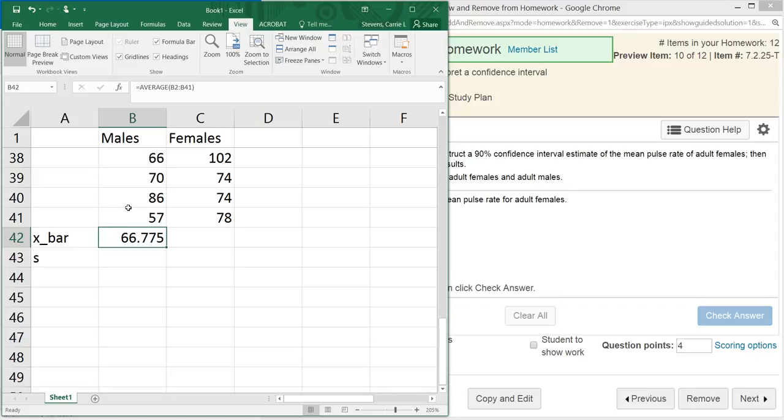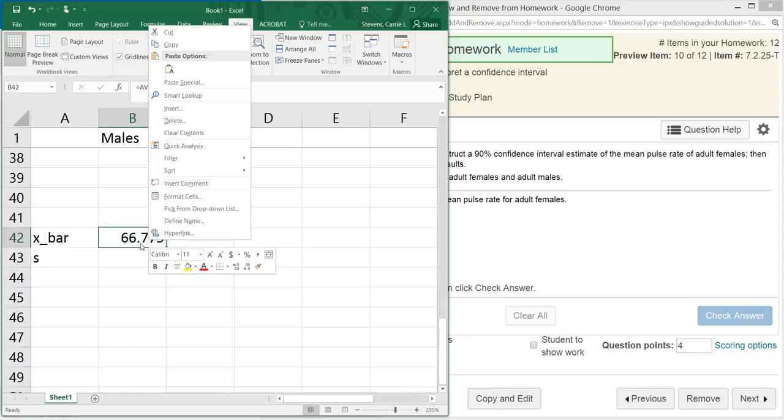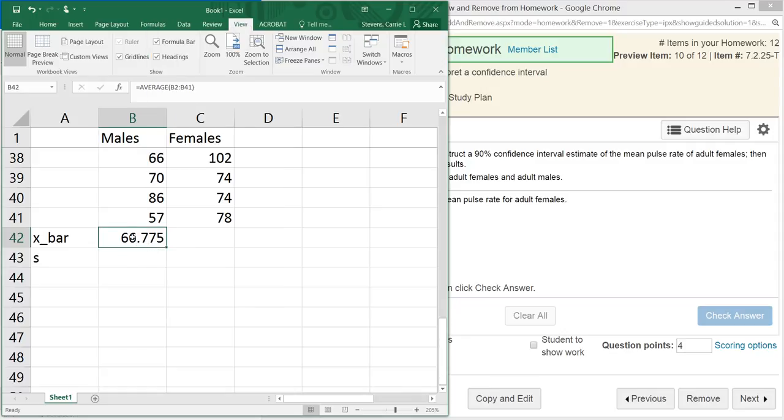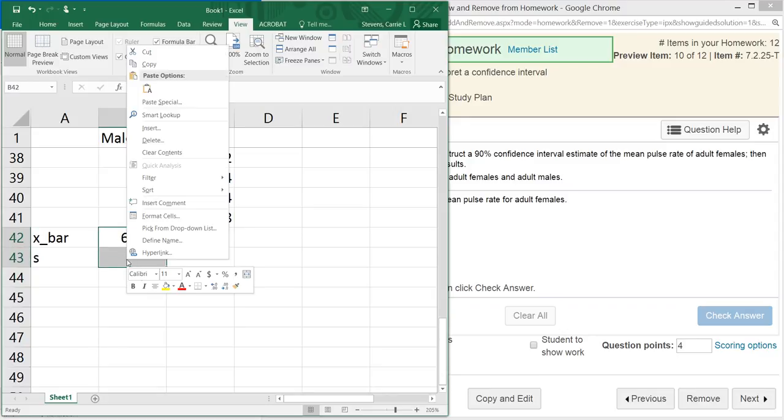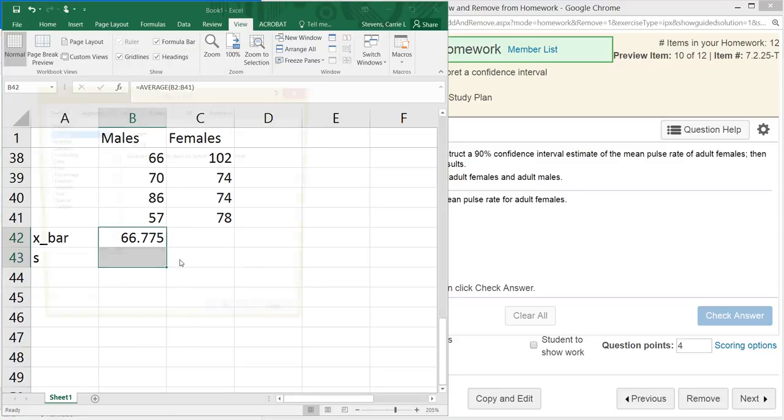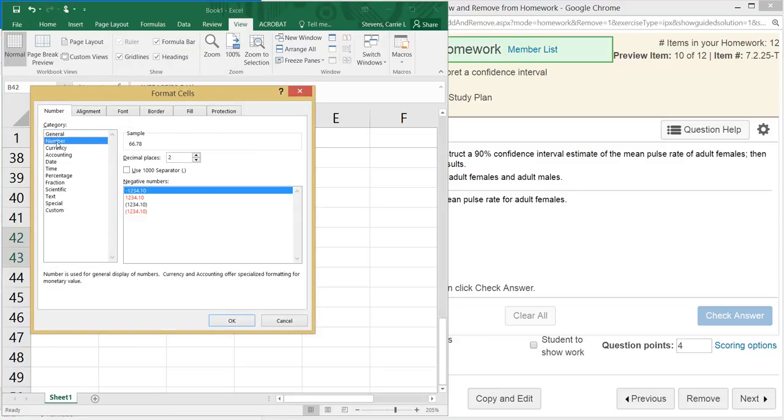So as you can see, all my male pulse rates have no places shown after the decimal, which means that I'm going to round my sample statistics, my measure of center, my mean, and my measure of variation, my standard deviation, which I haven't calculated yet, to one decimal place because that's one more than what the original data shows.